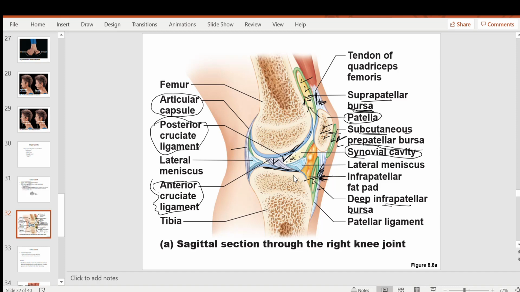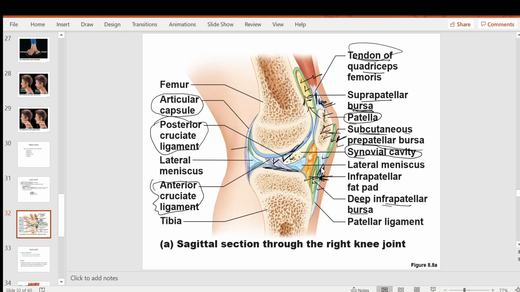And now you see, this structure is called the quadriceps tendon, and this structure is patellar ligament. Although they are structurally same, why is this one called a tendon, the upper one? Because it connects the muscle to the bone.